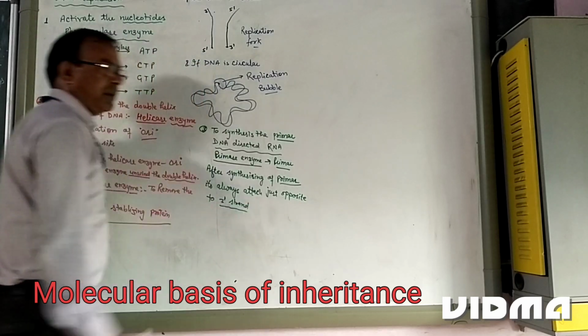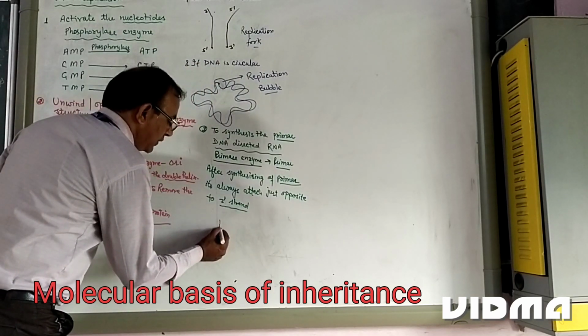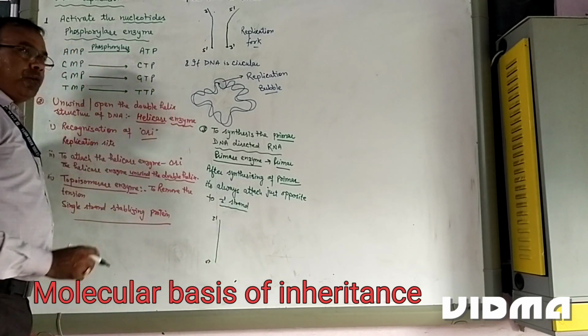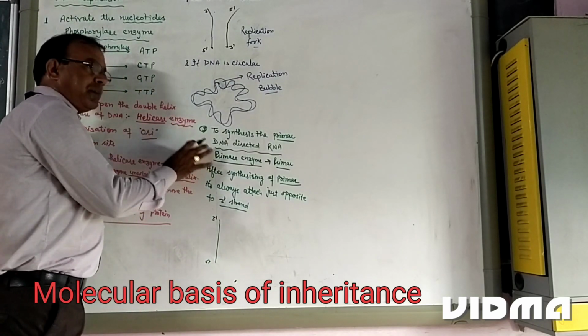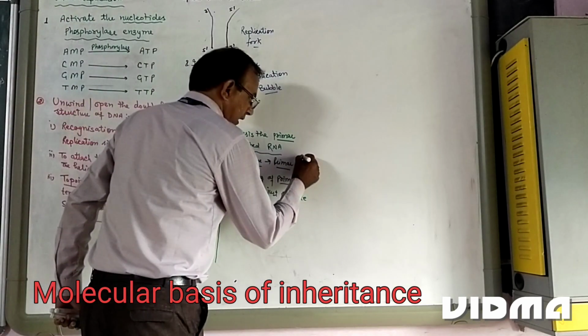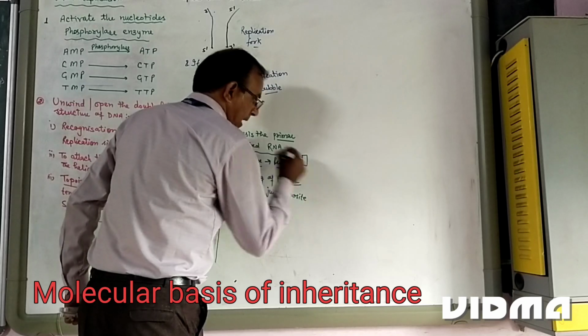It means the polarity of 3 prime. Like this one, if this strand is 3' to 5', we attach the primer. What is primer? Primer is a DNA directed or DNA dependent RNA. Just like this one, the primer.